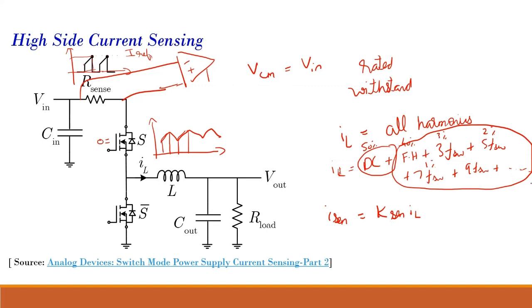So if we take only these components, it will fairly represent my actual inductor current to a good degree. That is why the bandwidth of the sensing circuit, in this case the op amp, should be greater than 10 times my switching frequency.